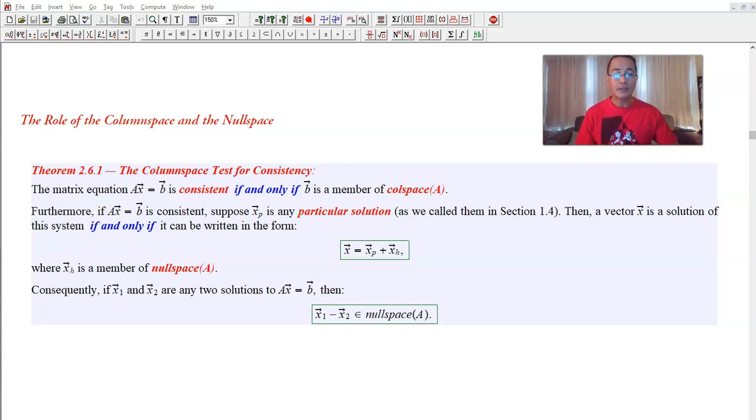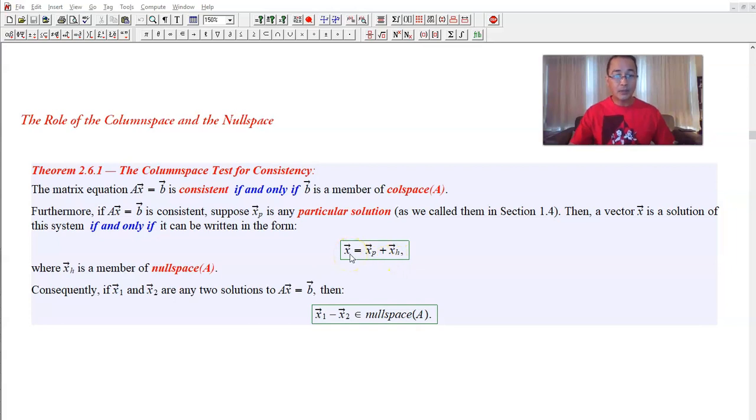Consequently, if x1 and x2 are any two solutions to AX equals B, then x1 minus x2 must be from the null space. We can see that from this equation. We have any vector x as a solution if it's in the form xp plus xh.